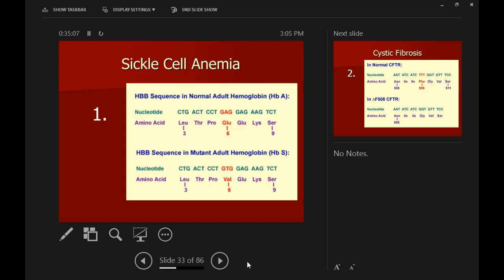What ends up happening is people with cystic fibrosis start having huge amounts of mucus fill up their lungs. The mucus spreads, ends up in their digestive tract, and they start having all kinds of problems. This is the most common type of lethal recessive mutation that we find in people of European heritage.